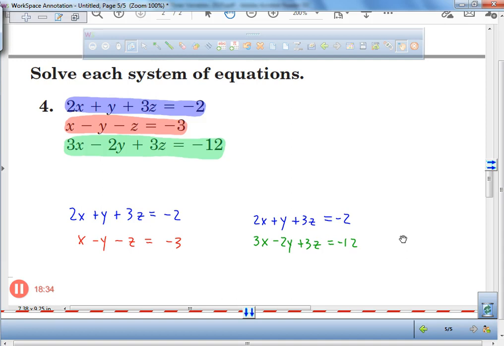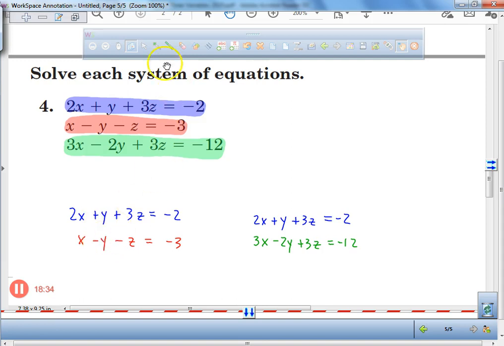All right, so guys, this is where we have to decide whether we're going to eliminate x, y, or z. If we add anything together right here, would anything eliminate? No. If we added things together over here, would anything eliminate? The y's would.